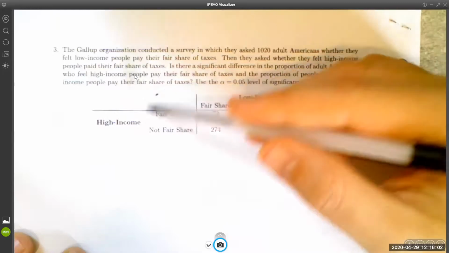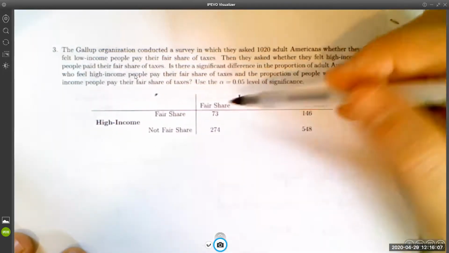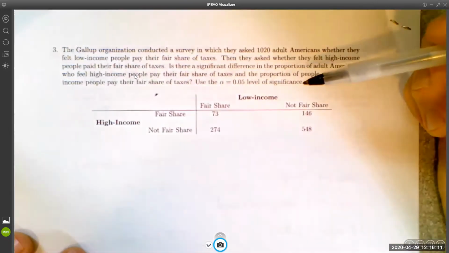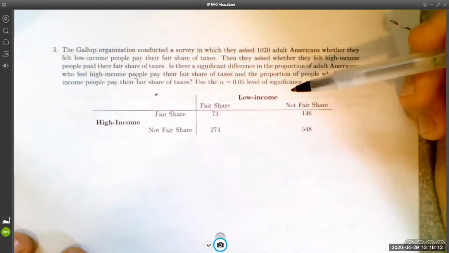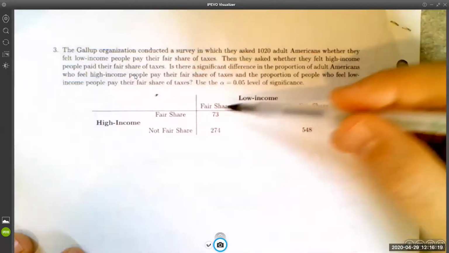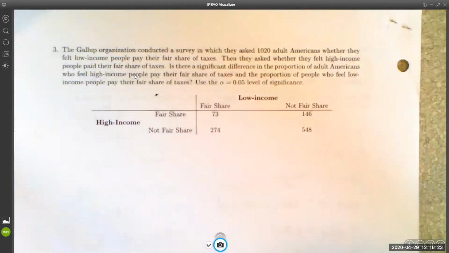The proportion of people who feel high-income people pay their fair share, that's 73, sorry. So that's 73 out of, well, hold on a sec.